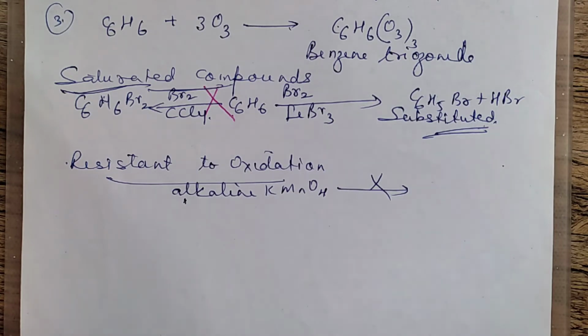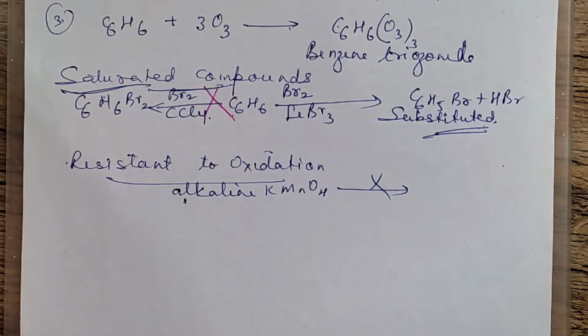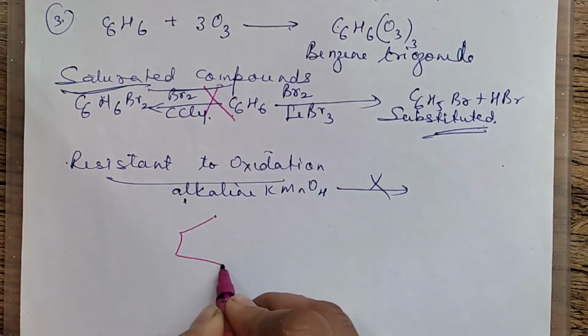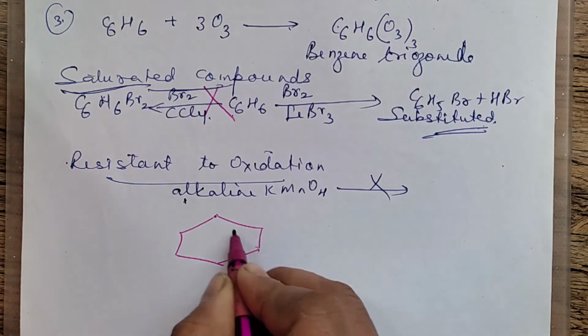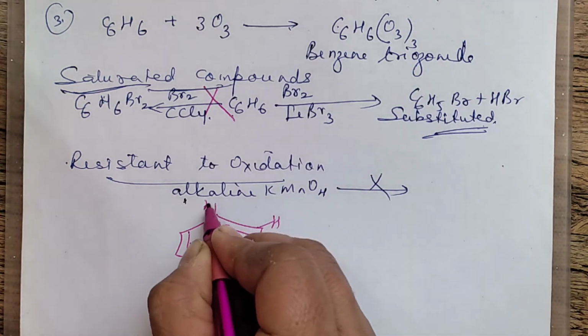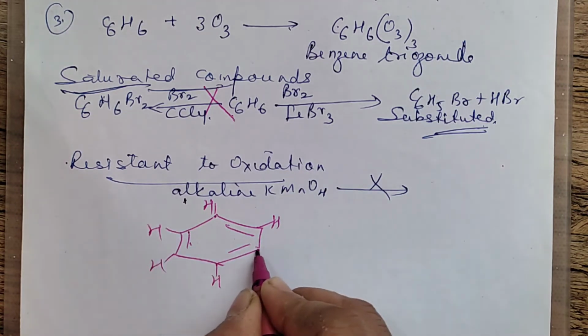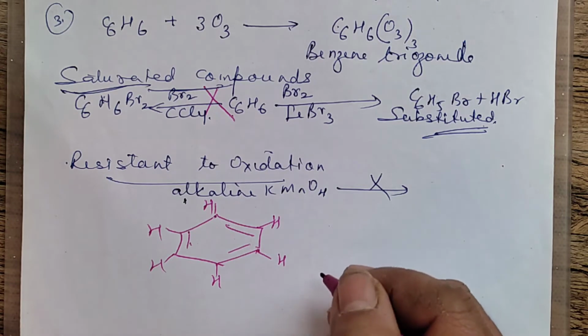So what is the actual structure of benzene? Actually in the beginning various structures were given, but finally this structure of benzene was accepted. This was proposed by Kekule. All carbon atoms have one hydrogen.